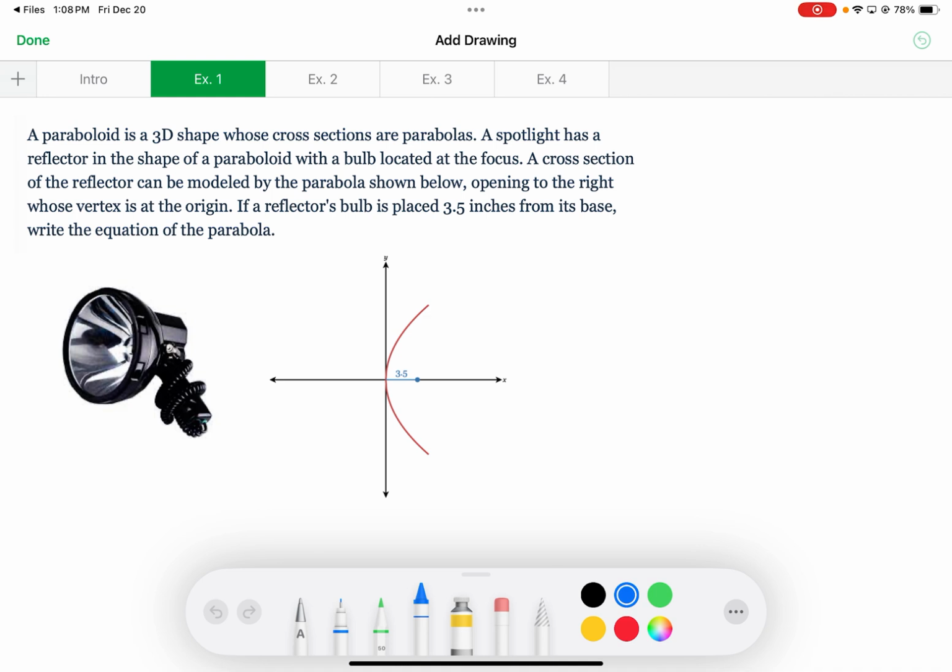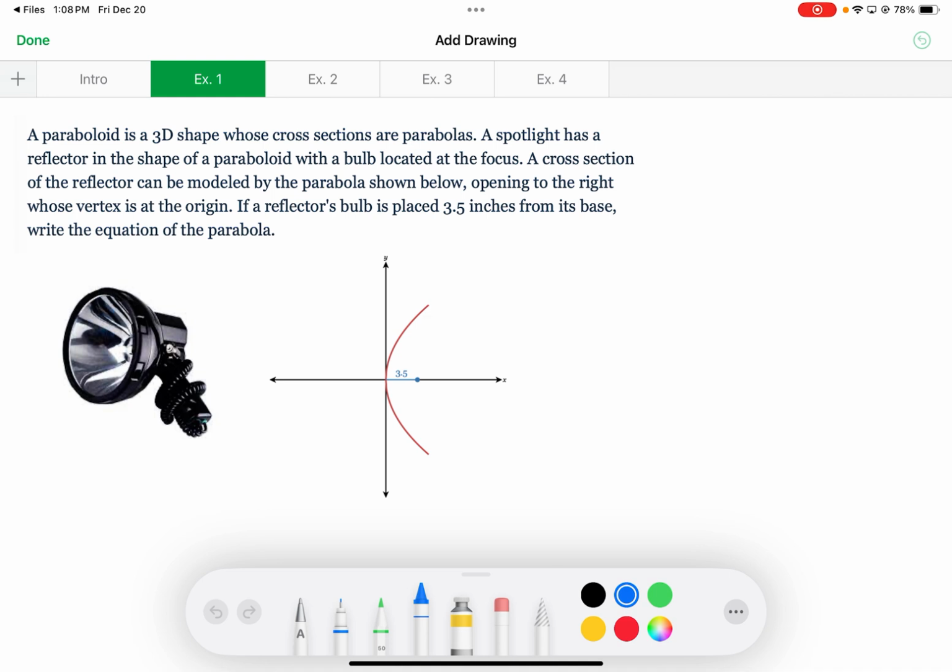You'll learn more about cross sections in calculus, but basically, if I took that dish, the spotlight's paraboloid part, and cut it in small slices and looked at those from the side view, those would be cross sections that look like parabolas. So that's what it means when it says cross sections are parabolas.